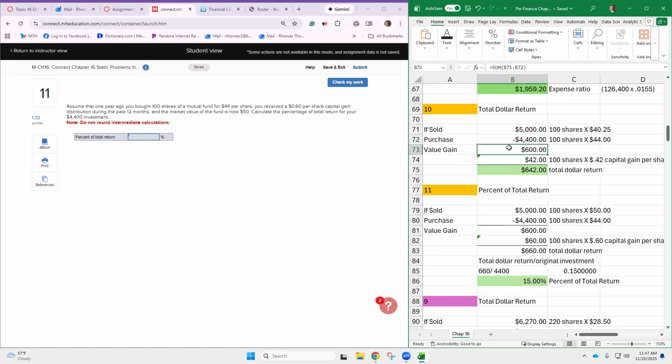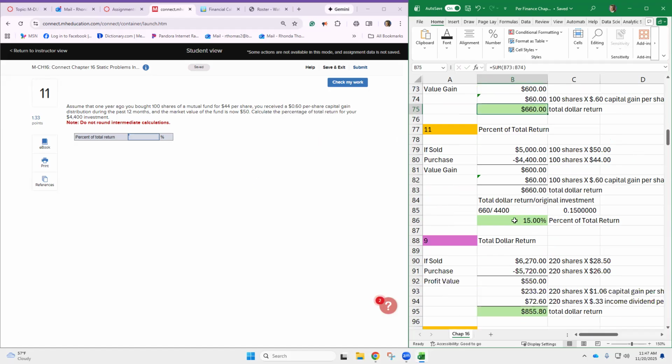So the gain on the share value is $600. And then those 100 shares paid out 60 cents per share of capital gains, so that's an extra $60 in the account. So we had a total return of $660.